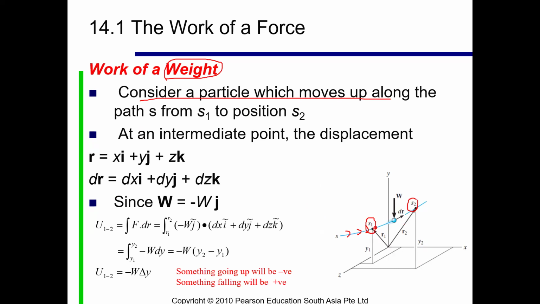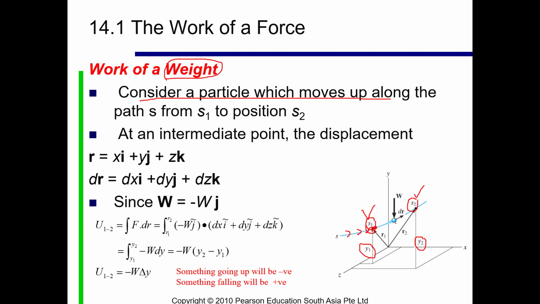So the initial position is here. When it is at position 1, S1 distance, the height-wise distance is Y1. And when it moved to the location S2, the height-wise coordinate is Y2, right? And if I want to develop a formulation, again, I need to go the same way.